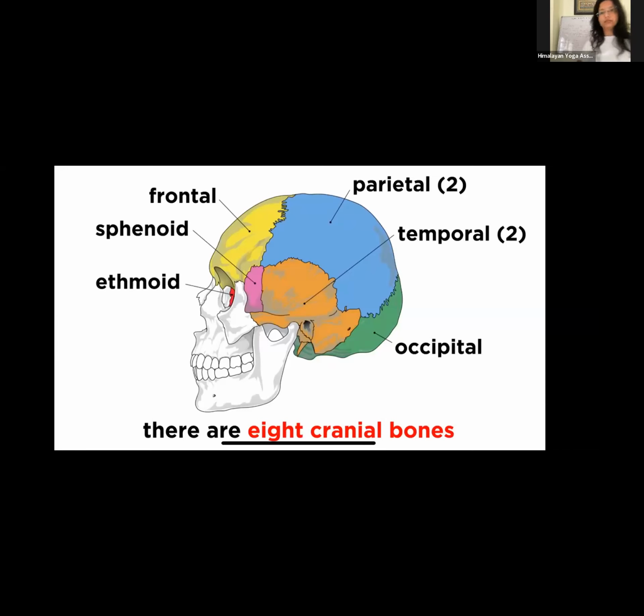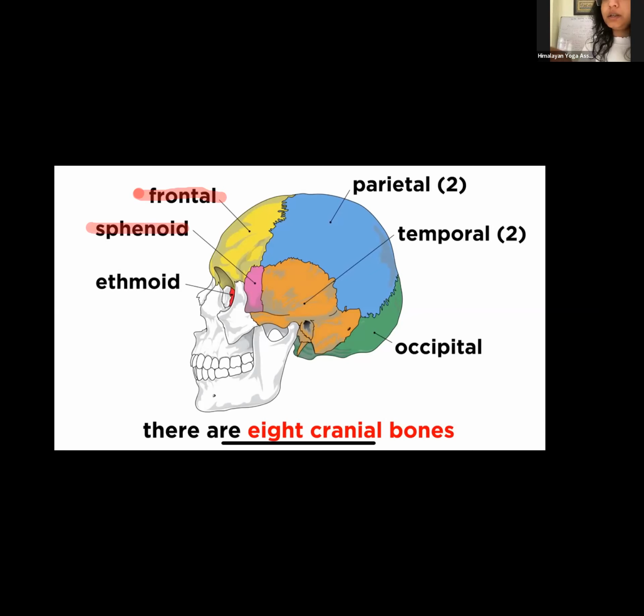Here, these are the 8 cranial bones. Frontal is this yellow part, the front of your forehead. It is the forehead bone. Then sphenoid, this pink color.